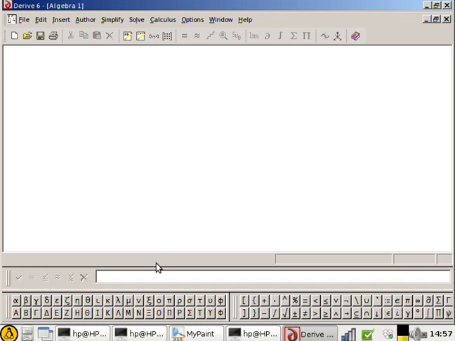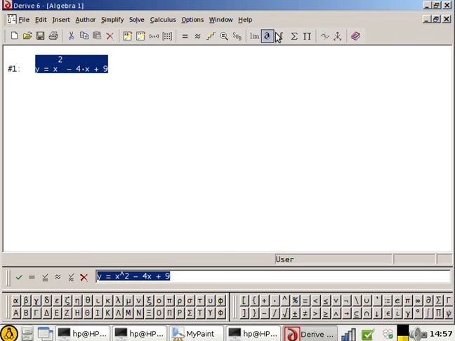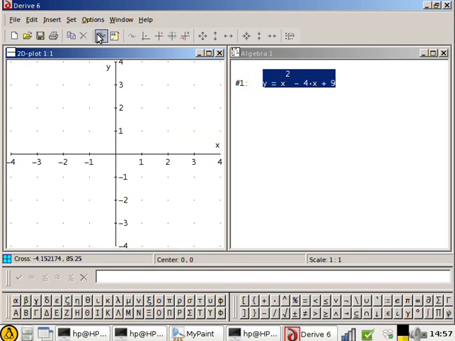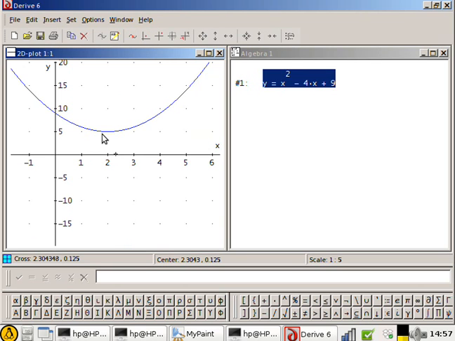Now I'll draw it here as well for you. So we have this quadratic, y equals x squared minus 4x plus 9. Okay, and I just need to put the center and cross down here. Okay, so that's the curve.